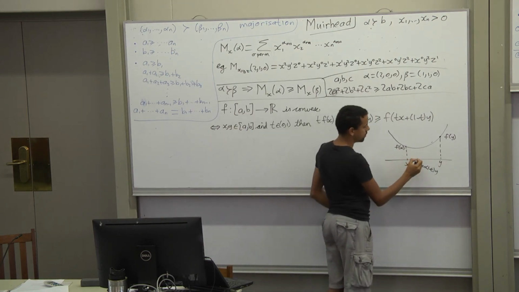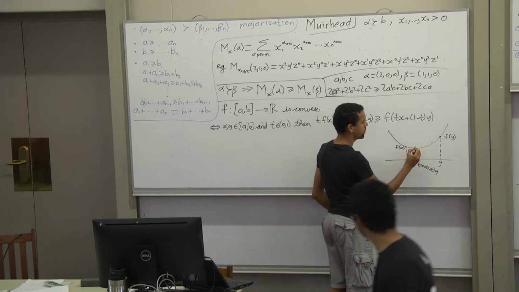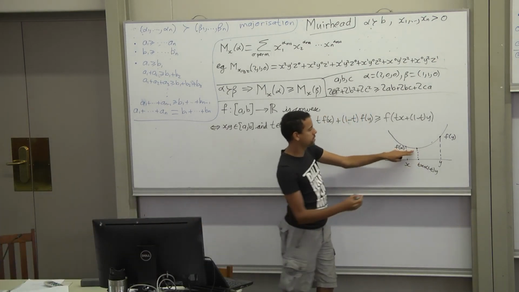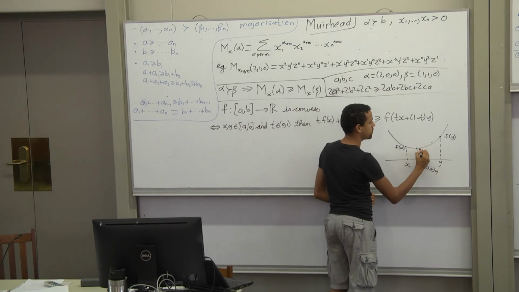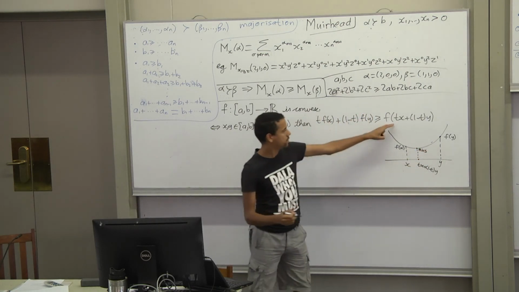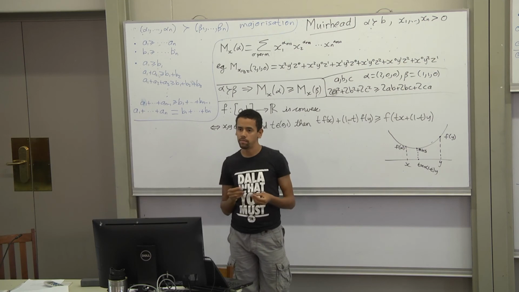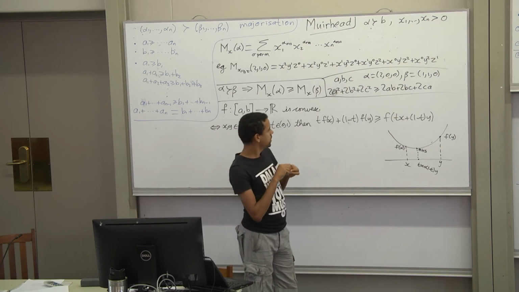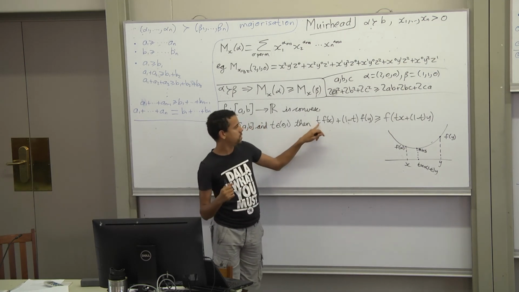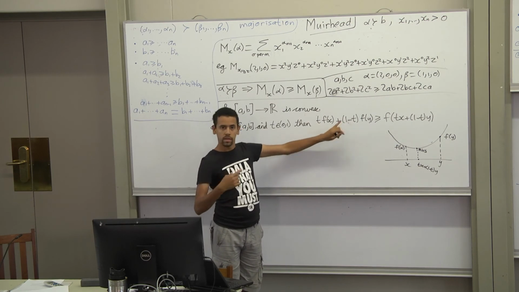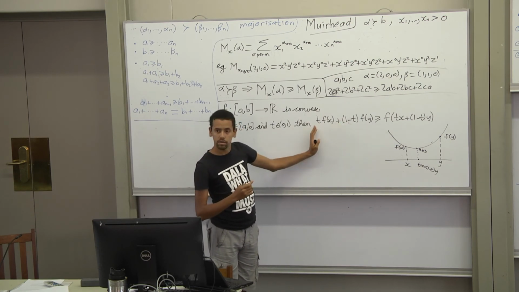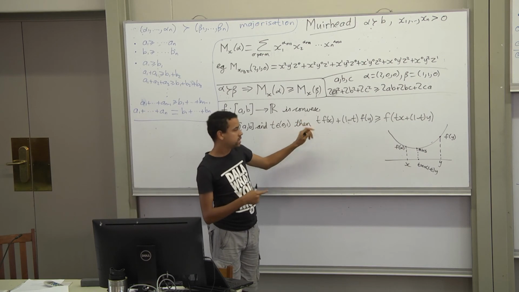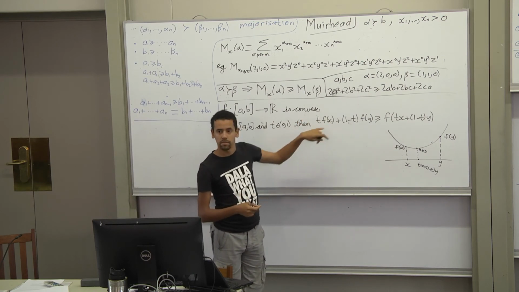The corresponding value of f, so this is the right hand side, this value of f, f of tx plus (1 minus t)y. We have the same linear combination with t and 1 minus t on the left hand side, except it's on the outside of the f's. So it's a linear combination of the function values.